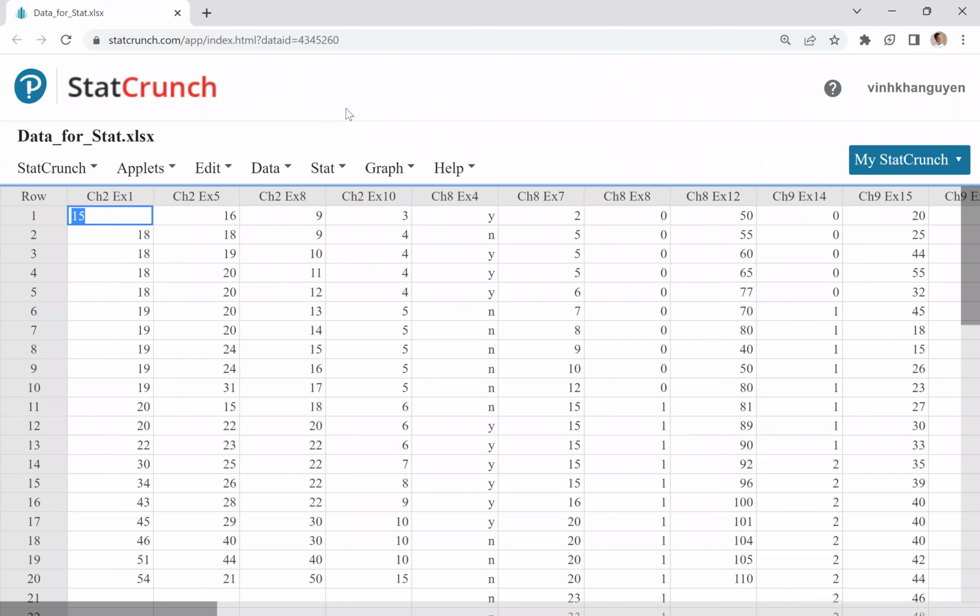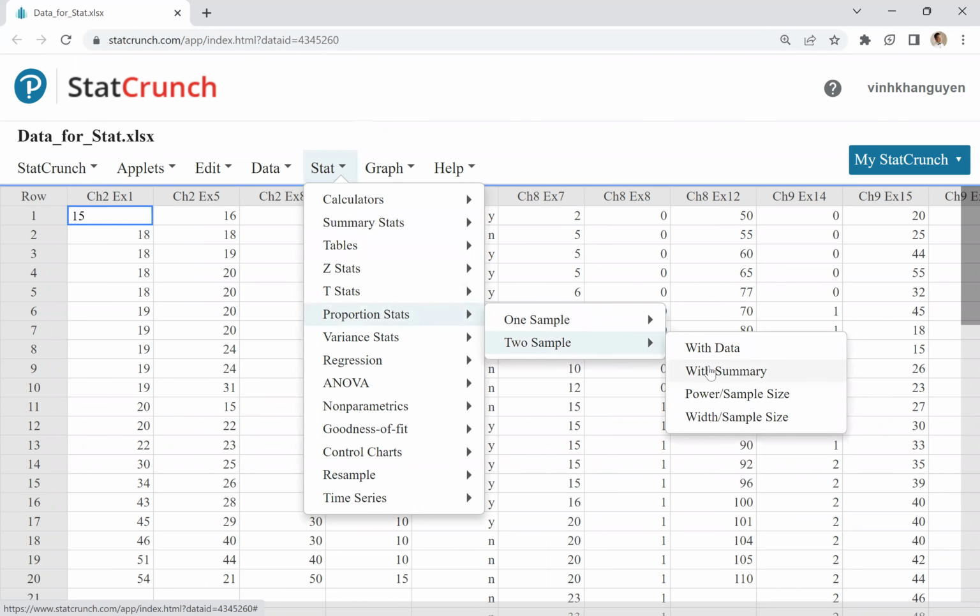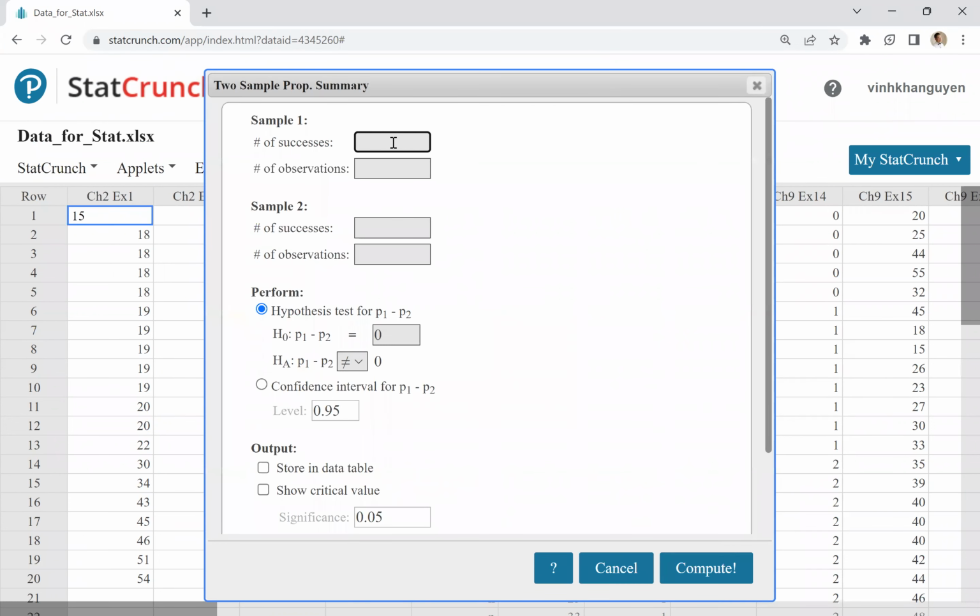In the first example, we go to Stat, Proportion Stat, 2 Sample. We have the summary. Sample 1 comes from 100 females. Number of successes is the number of females who got scammed. That is 35.